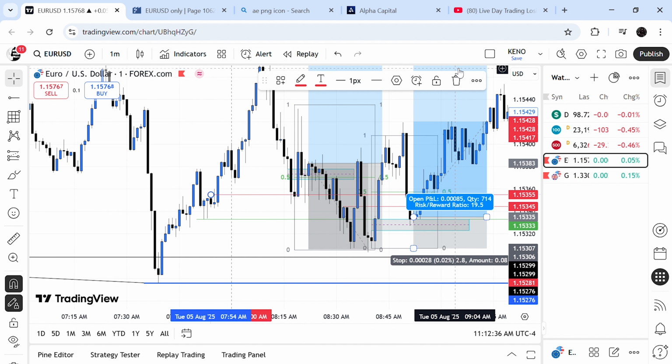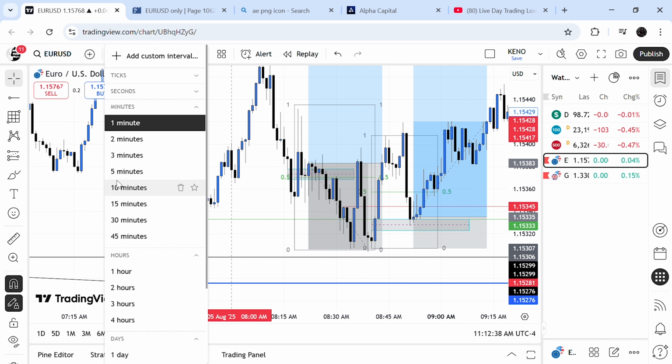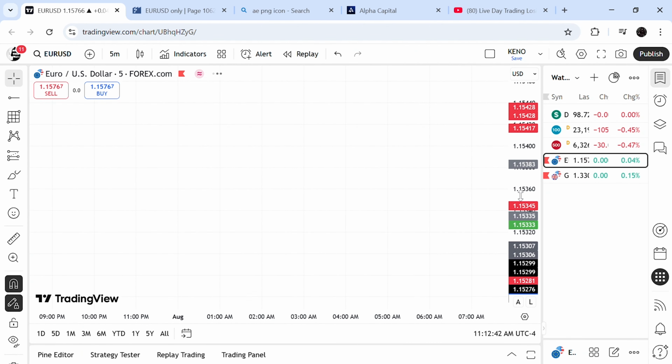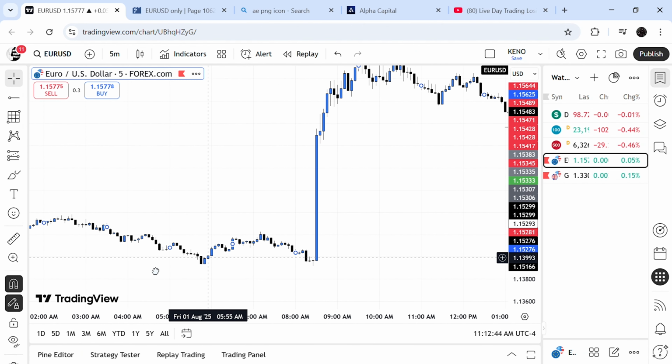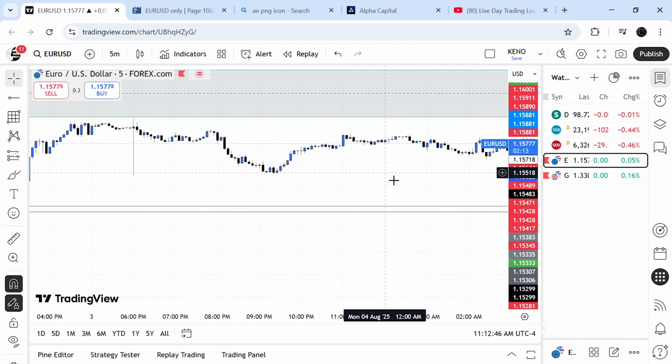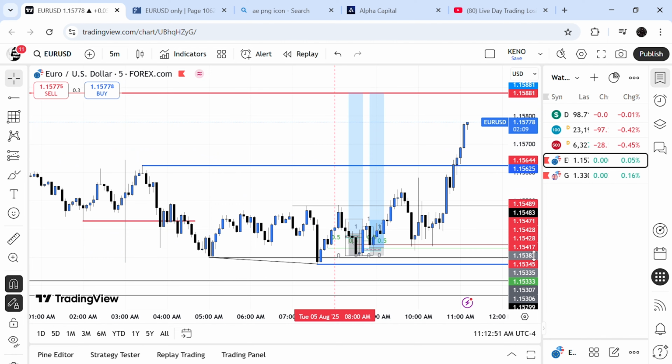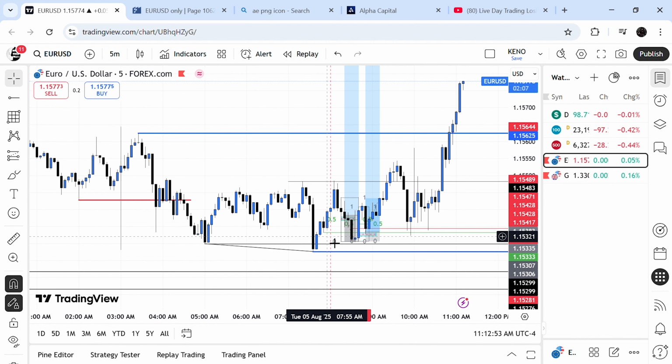This was the second trade, which I then reanalyzed: liquidity wasn't swept yet, so market was most likely gonna take out the lower liquidity, which was right here.